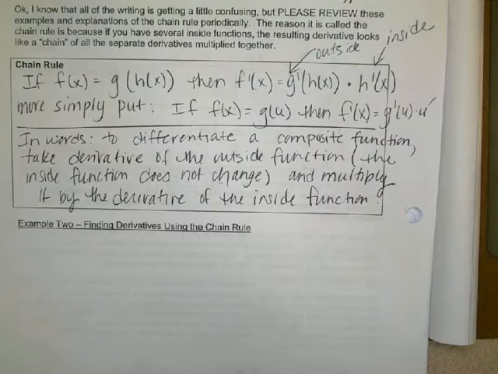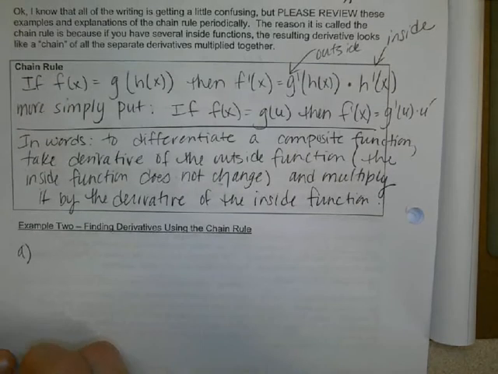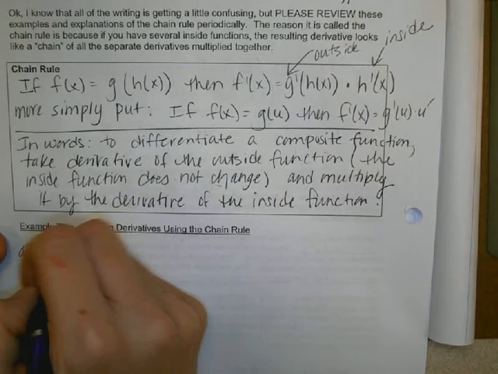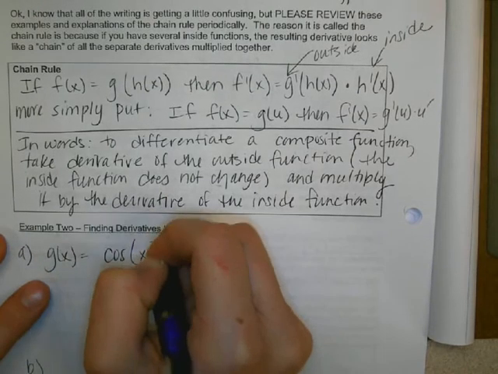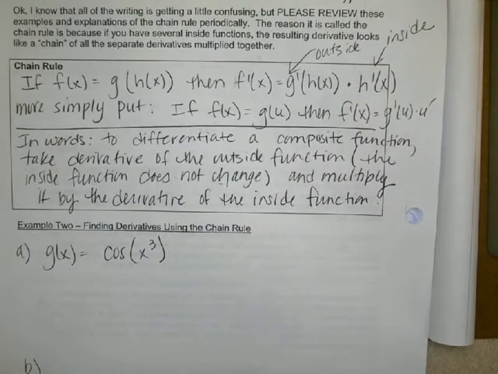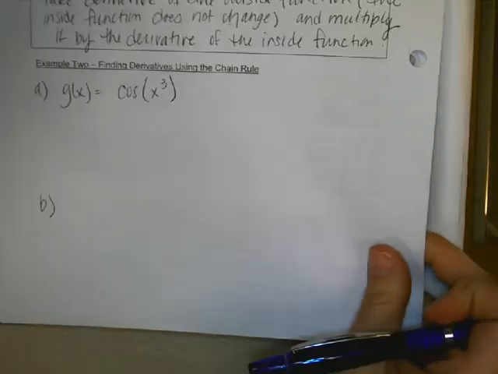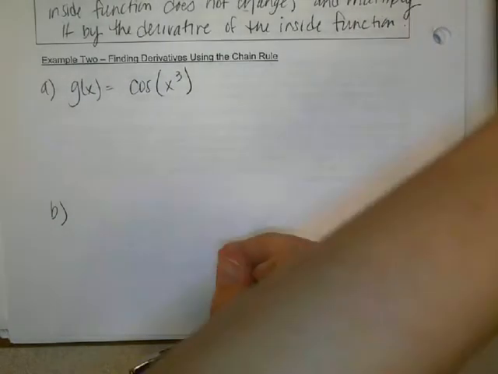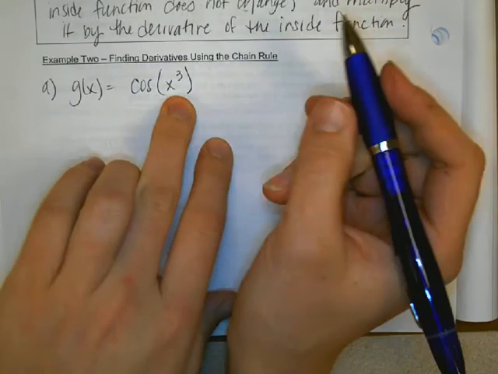Okay, so let's do a couple of examples together here. Make an A and a B. First one, I'm going to start you out pretty easy. Cosine of x cubed. Okay, so we have to determine, first of all, what the inside function is. Well, the inside function here would be x cubed.